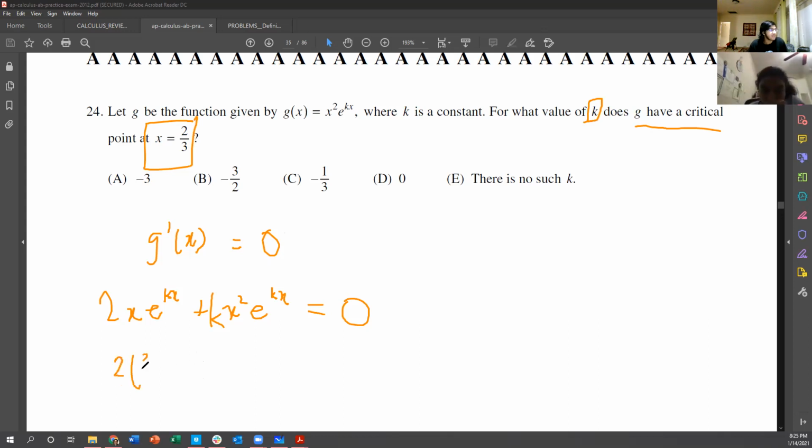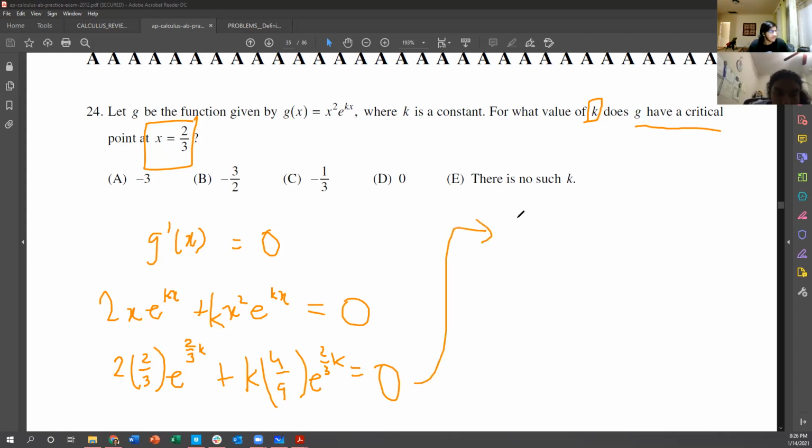So 2 times 2/3 e to the 2/3 k plus k times 4/9 times e to the 2/3 k is equal to 0. Actually, it might have helped to factor because this looks a little complicated. Let's just continue. I think we can do this without factoring.